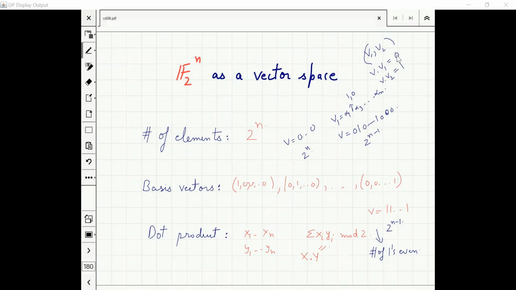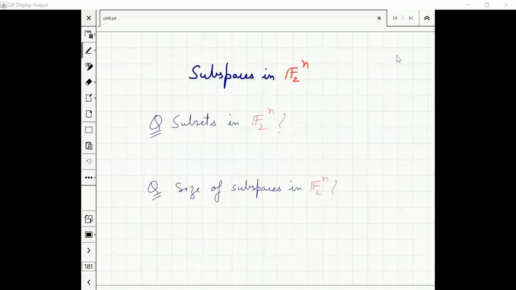And I will go to the rank-nullity, which has already been talked about. Since we're talking about vector space, we can talk about subspaces. But first, what are subspaces in F2 to the power n? Is every subset a subspace? Can I say that every subset in F2 to the power n is a subspace?